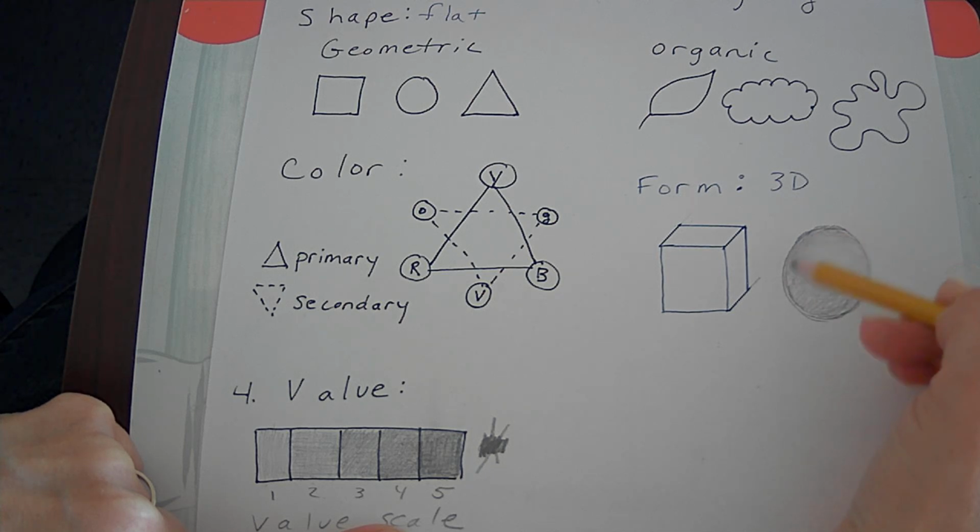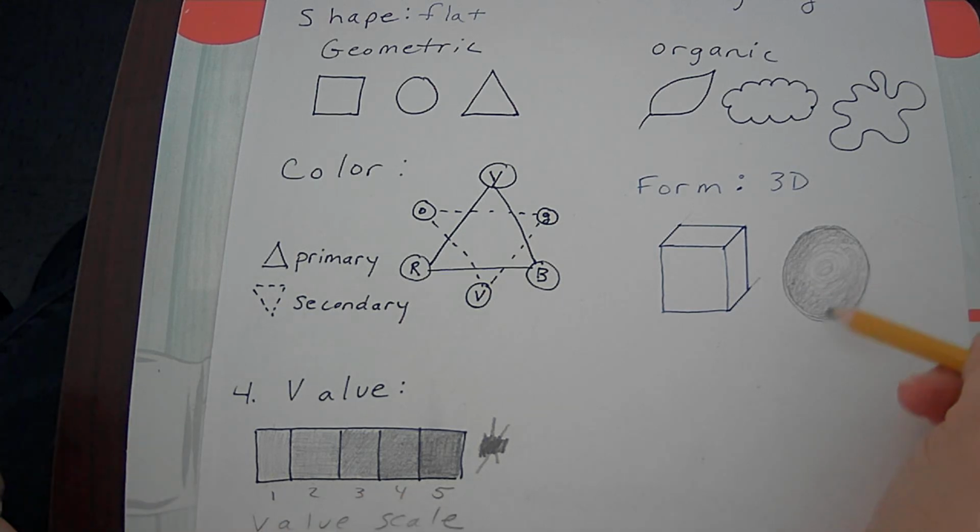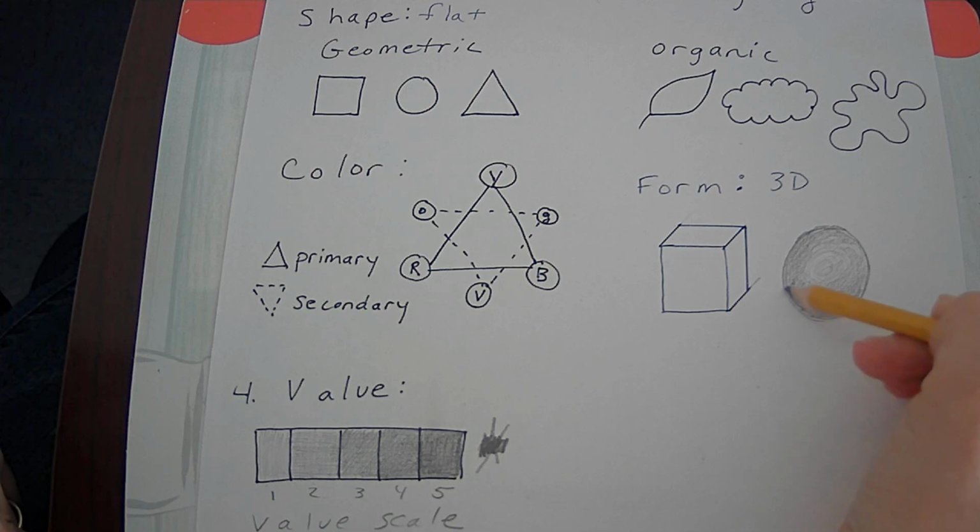And I'm just going to continue to build up my layers until I can see basically my 5 different values within my sphere. And we want this to look 3D.